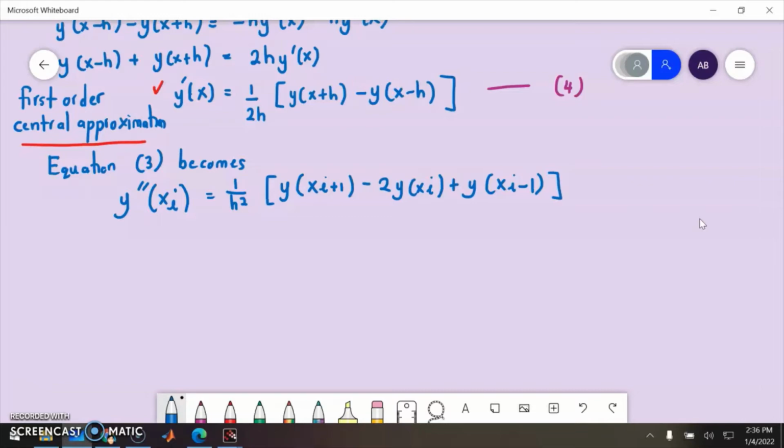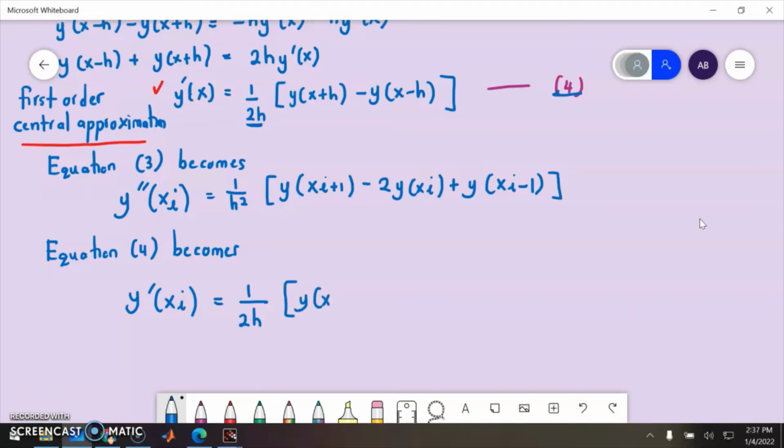Then similarly for equation 4, I have y prime xi equals 1 over 2h times y at x(i+1) minus y at x(i-1).